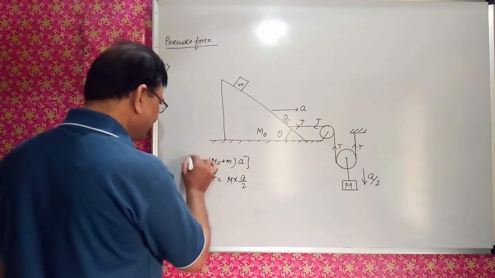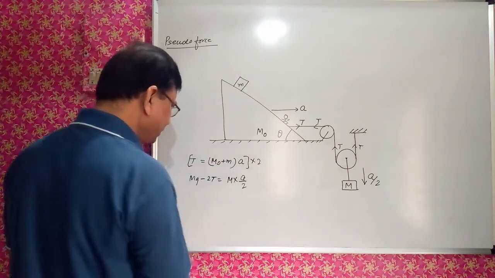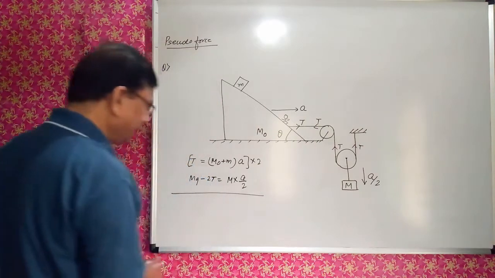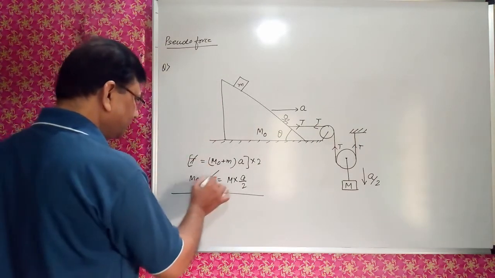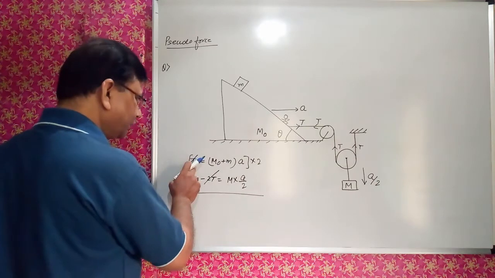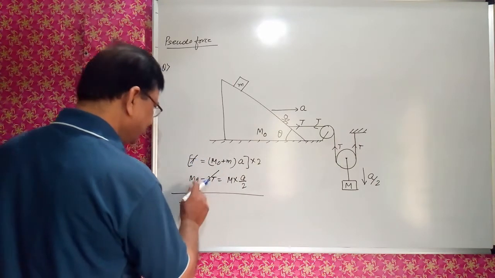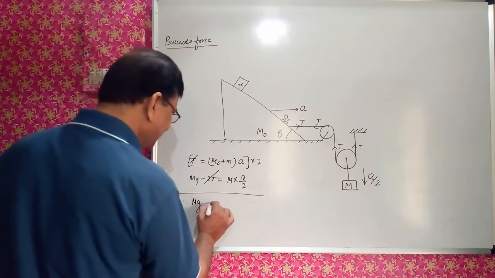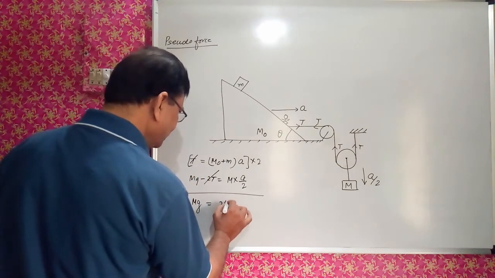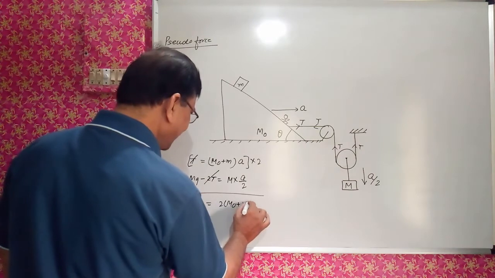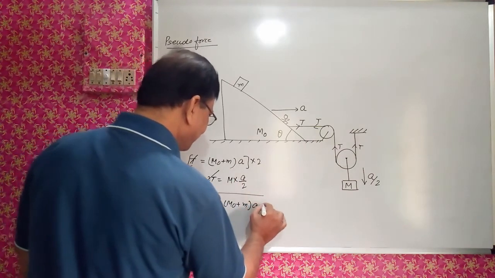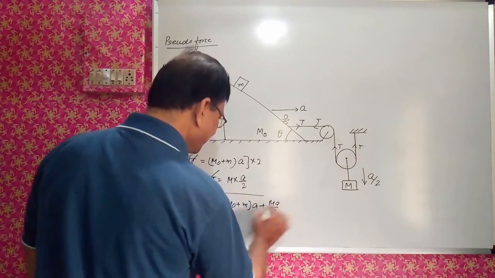We can multiply this by 2 and then add these two. This 2T will go because of 2T here. So we will get, therefore, mg on the left hand side only, which is equal to 2 m0 plus m A plus mA by 2.